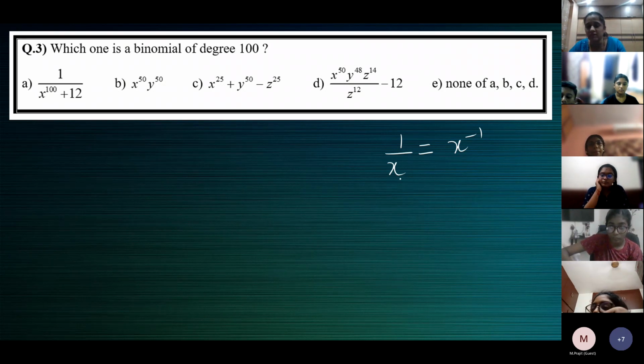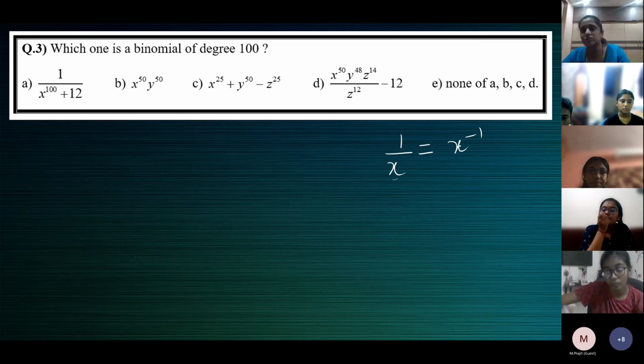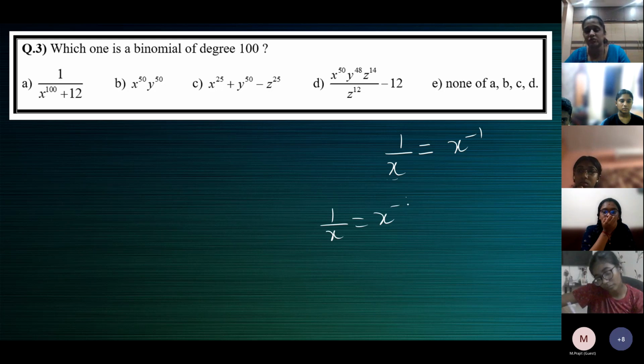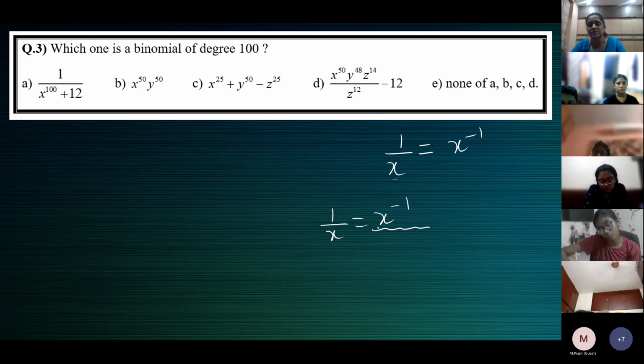You must not look at the power of the variable x when it's in the denominator. You must take it up to the numerator. 1 by x is nothing but x to the power minus 1. This is how you look at the expression.